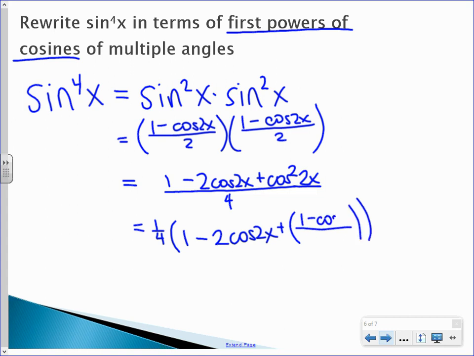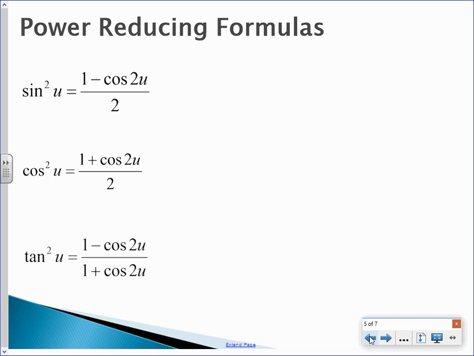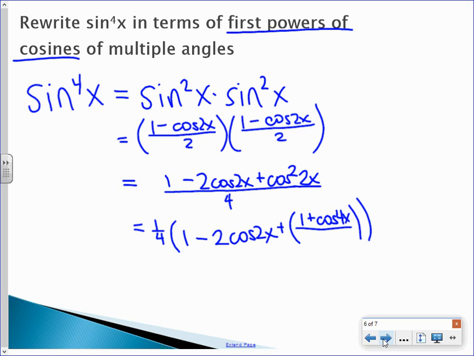One minus cosine, if this is cosine squared of 2x, when we apply the formula, we have 1 plus cosine of what angle? 4x. We're going to have to double it. Whenever we apply this formula, our angle gets doubled. So if our angle is 2x, when we apply the formula, it gives us 4x as the angle.